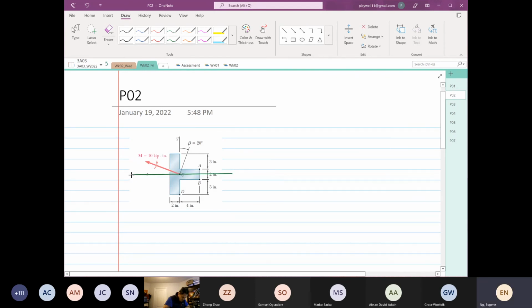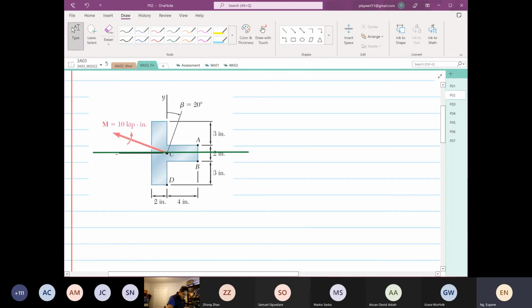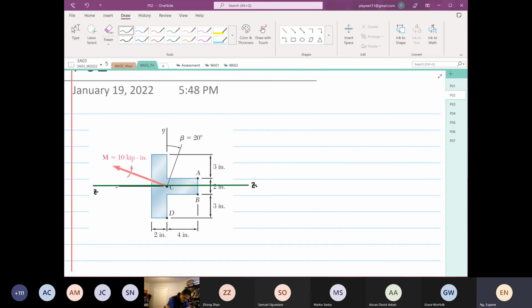Okay, so this is your ZZ, right? So this is the axis of interest. This is our ZZ axis, right? And we know by observation, so we're going to find IZZ.